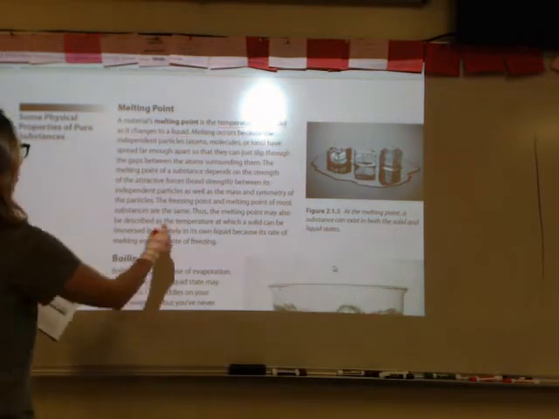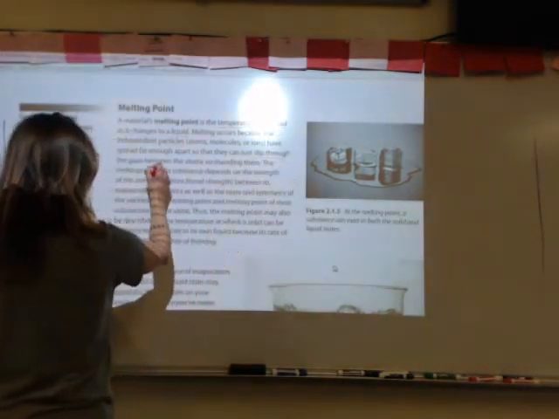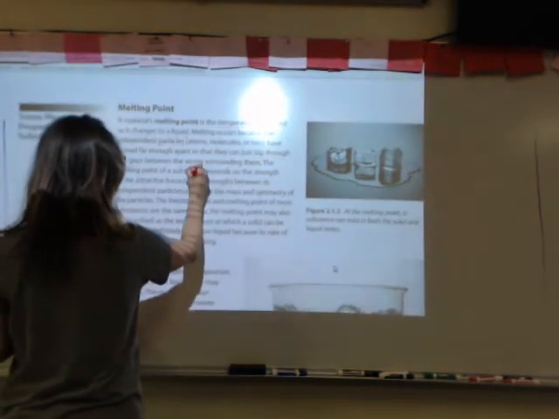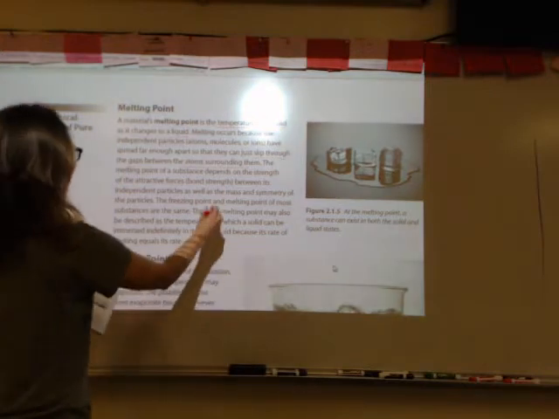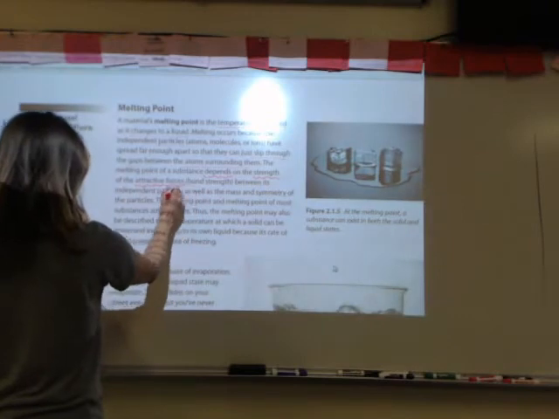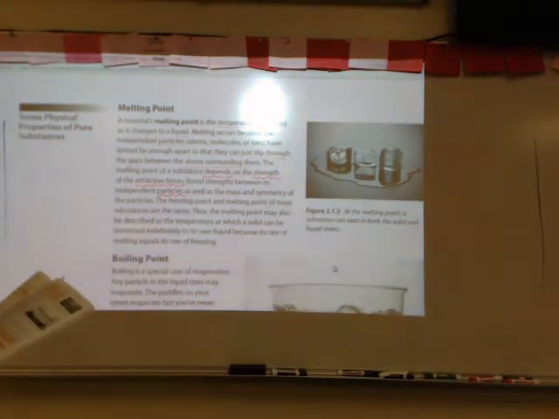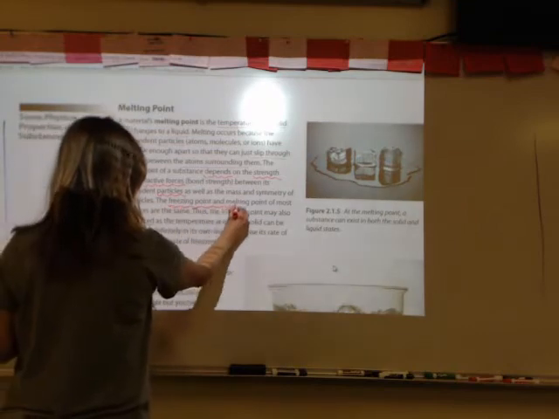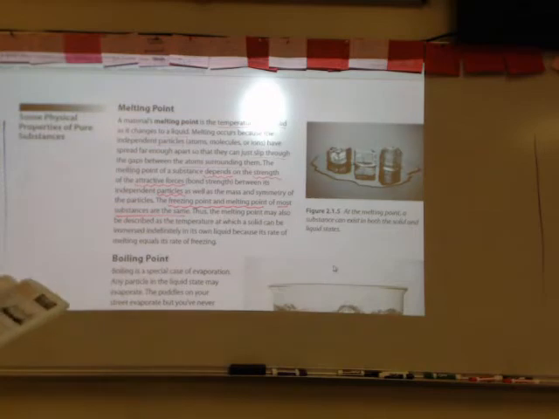And the particles have spread far enough so that they can slip through the gaps between the atoms surrounding them. And the melting point of a substance depends on the strength of its attractive forces between its particles. So the intermolecular forces that are between the particles are affecting it. And the freezing point and the melting point, most of the time, for most substances, are the same.